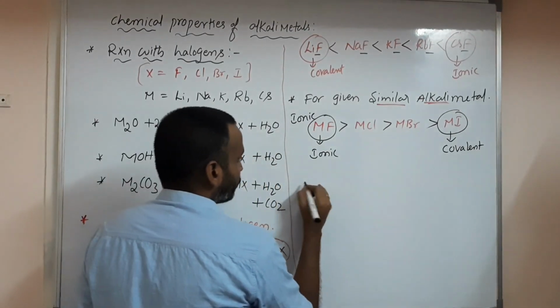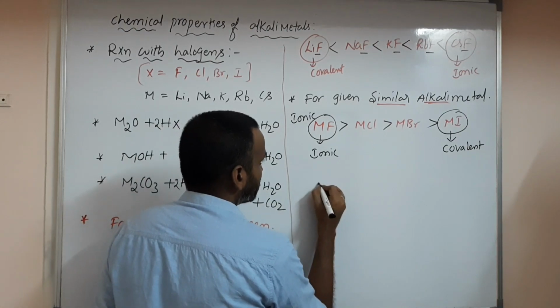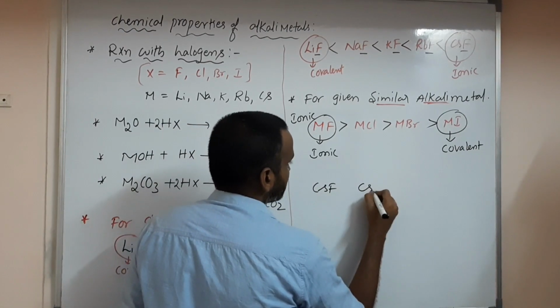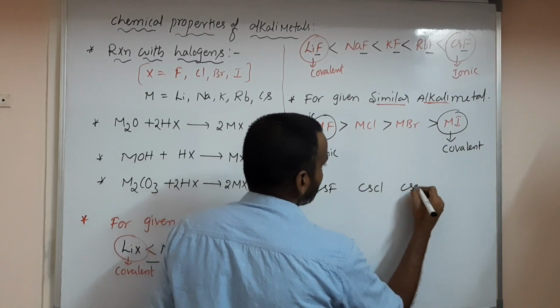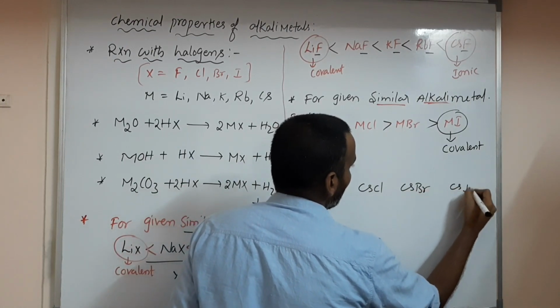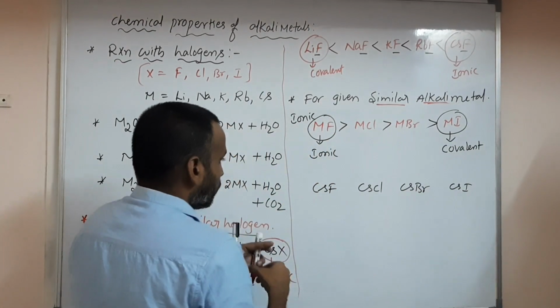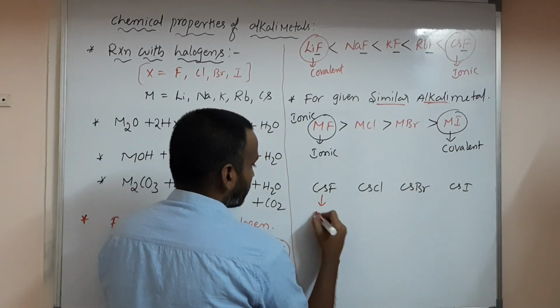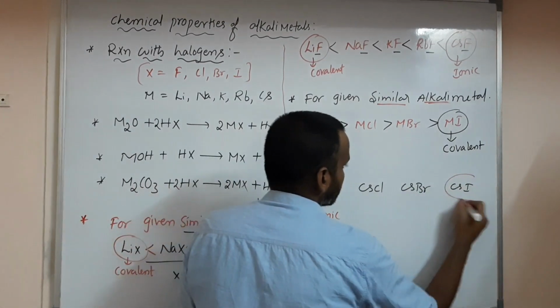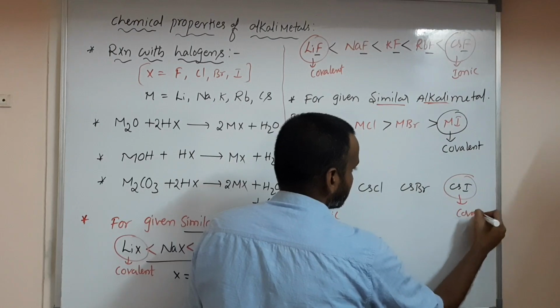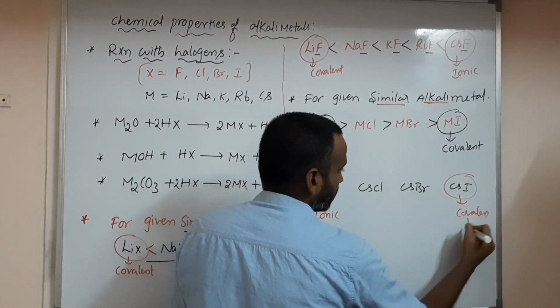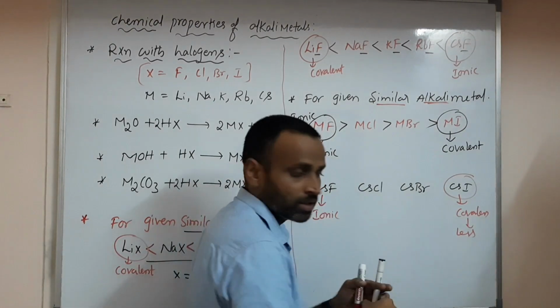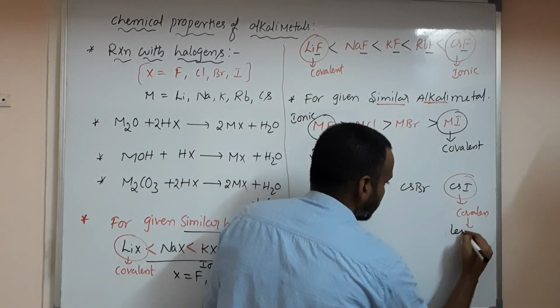So in water, if I take cesium fluoride, cesium chloride, cesium bromide and cesium iodide, this one is more ionic and this one is more covalent. So this one is less soluble in water.